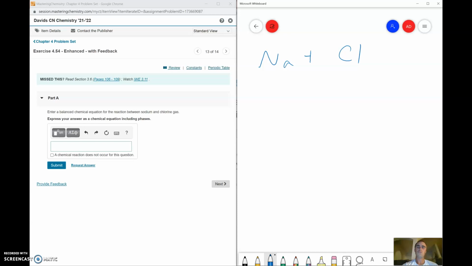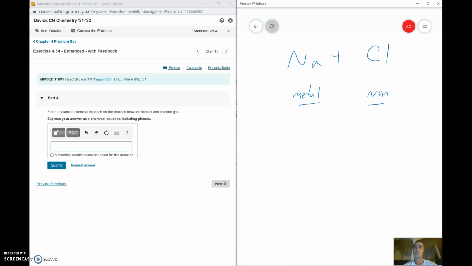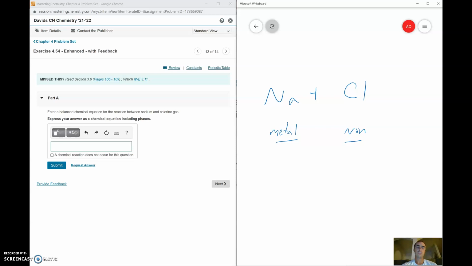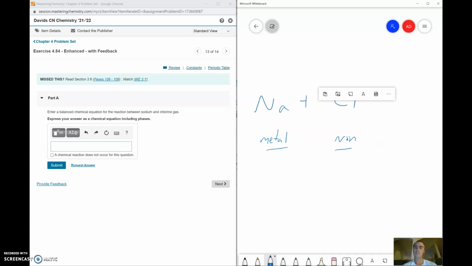With sodium and chlorine, we know that this is a metal. That's an alkali metal. This is a non-metal. When we have a compound between a metal and a non-metal, we're looking at ionic compounds. The key with this one is to look at the charges that each substance is going to form. Sorry, chlorine gas should be Cl2. When sodium forms an ion, it produces Na+.